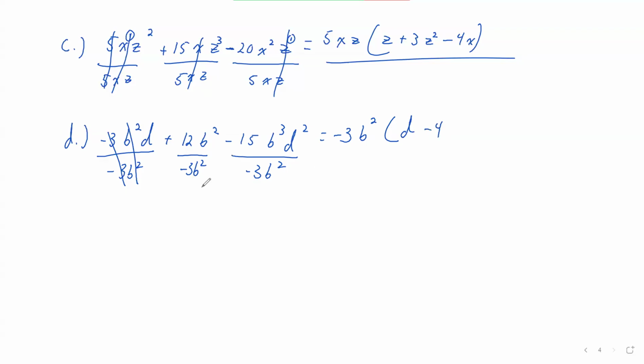And then B squares would cancel each other out. Two negatives make a positive, so +5, good. Very good. 3 minus 2 would be 1, so you'd be left with a B. And then I still have D squared.